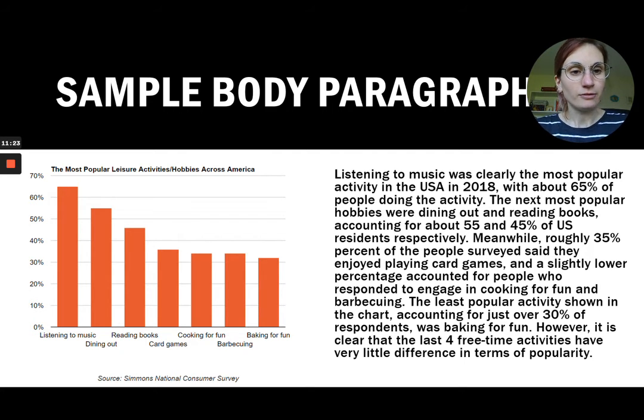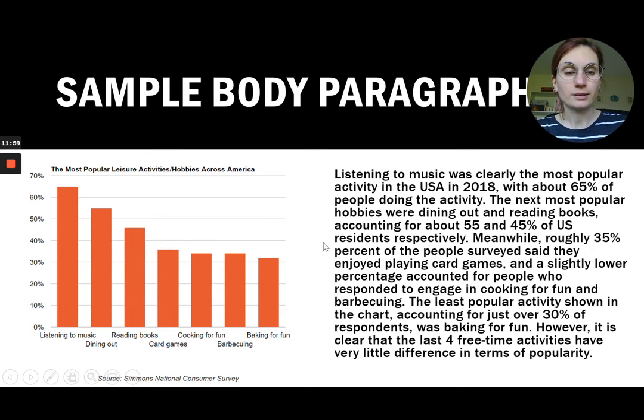Meanwhile, roughly 35% of the people surveyed said they enjoyed playing card games, and a slightly lower percentage accounted for people who responded to engage in cooking for fun and barbecuing. The least popular activity shown in the chart, accounting for just over 30% of respondents, was baking for fun. However, it is clear that the last 4 free time activities have very little difference in terms of popularity.